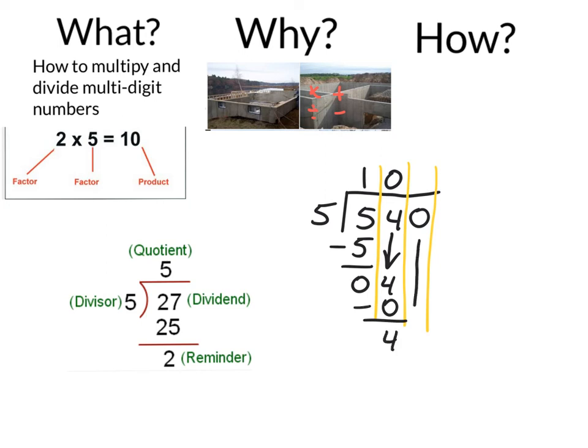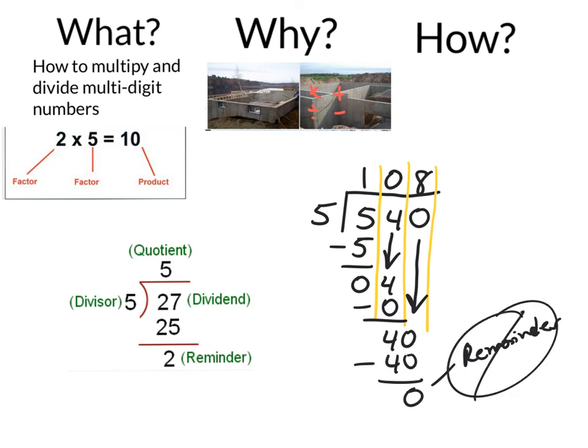Drop down the 0. It's 40. 5 goes into 40 8 times. 8 times 5 is 40 and 0. So we have no remainder. We do not have a remainder. So the quotient to our problem is 108.